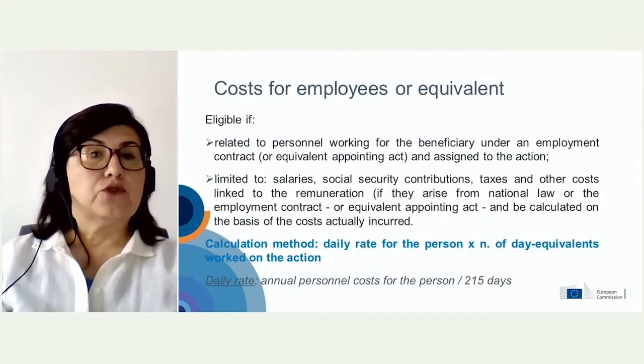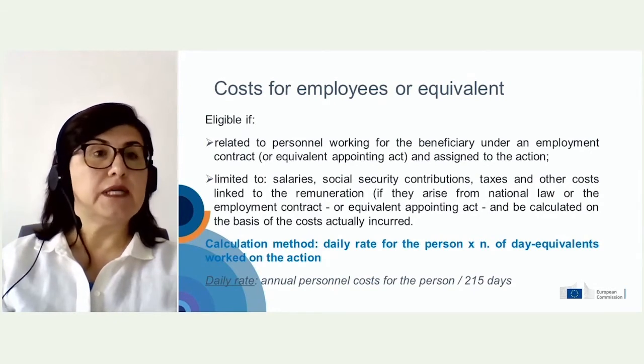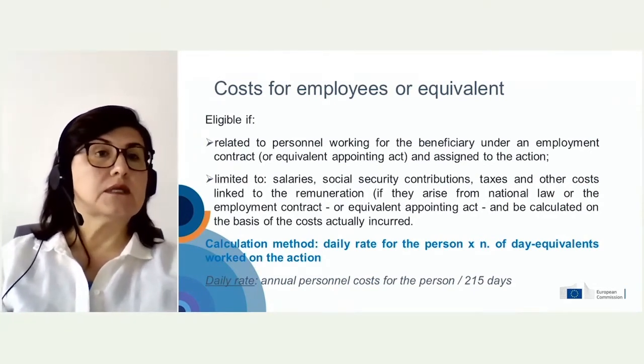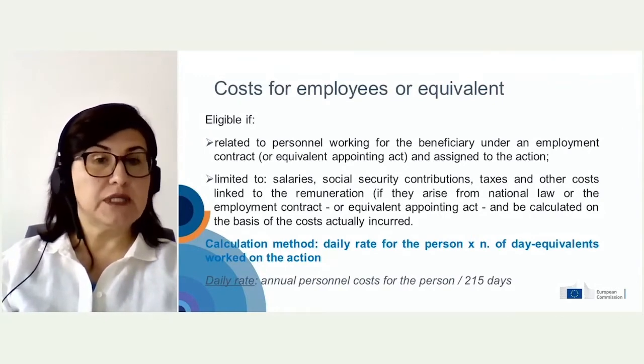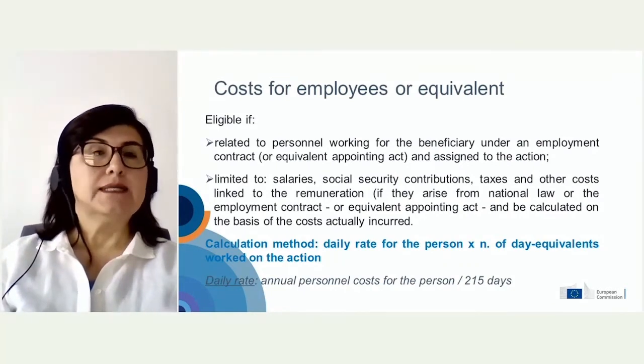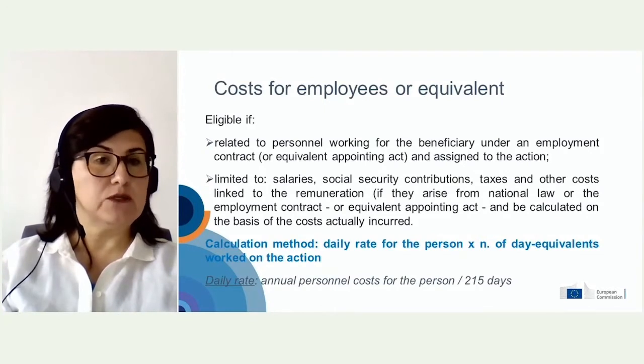The costs for employees or equivalent staff members are eligible if, of course, they are related to personnel working in the action. These costs have to be limited to salaries, to social security contributions, to taxes, and also to any other costs that arise from the national labor law or the employment contract.